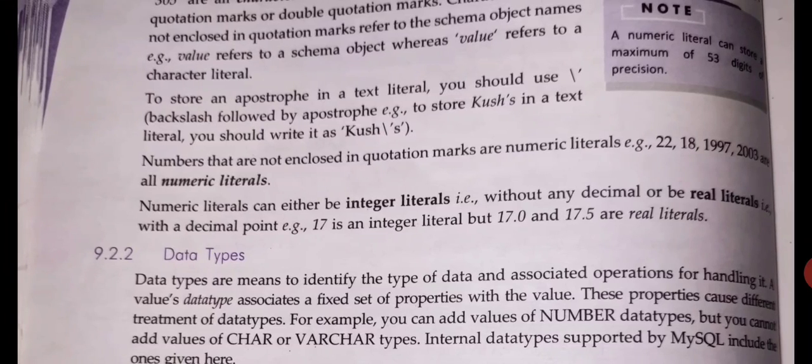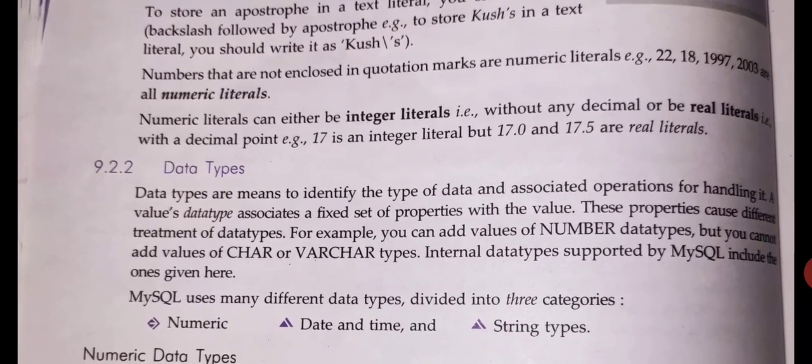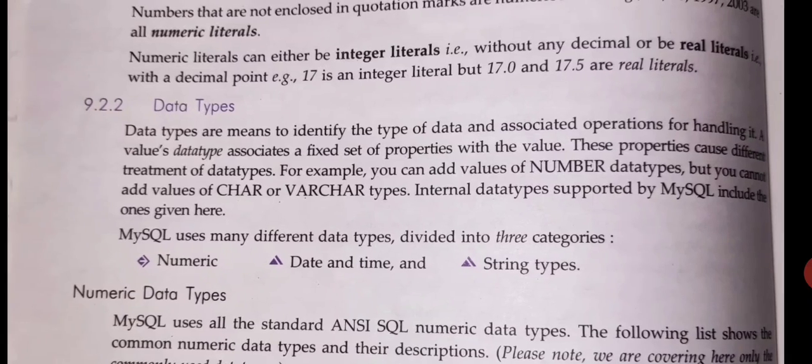Whenever you see a number that is not enclosed in single or double quotes, it refers to an integer. But if the same number is enclosed in quotes, we will consider it as a character or string.